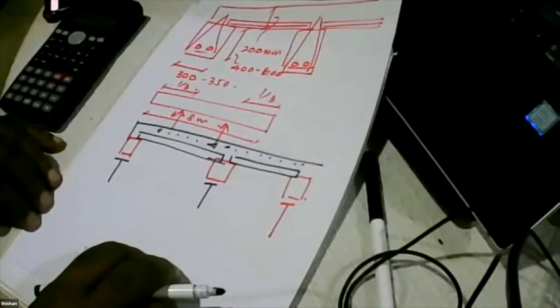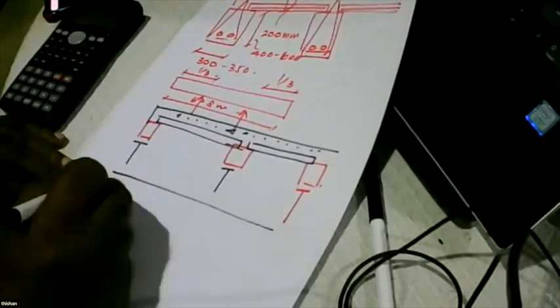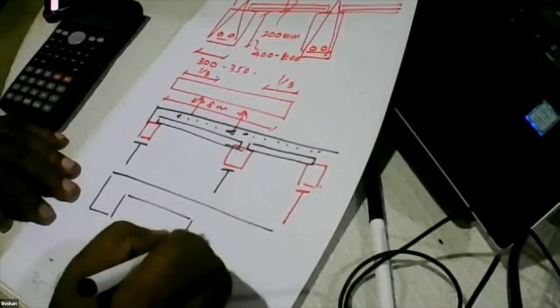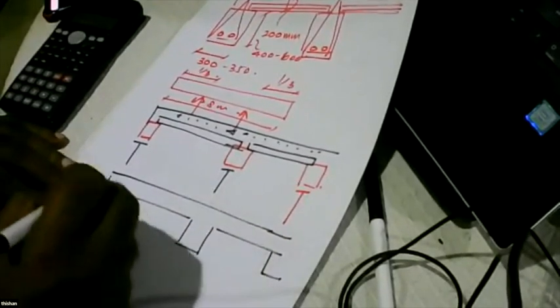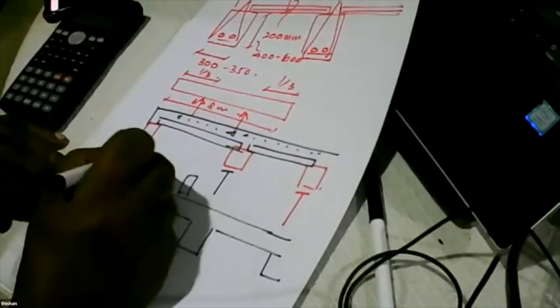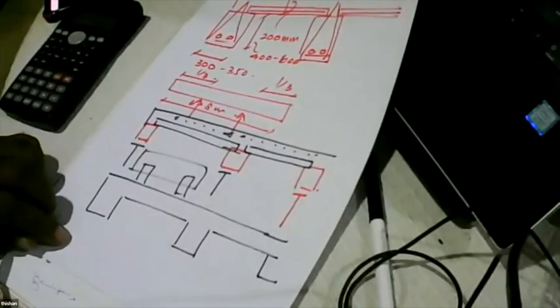Then once this concrete has hardened, it is a structure like this, and we have to analyze it for the weight of the vehicles.